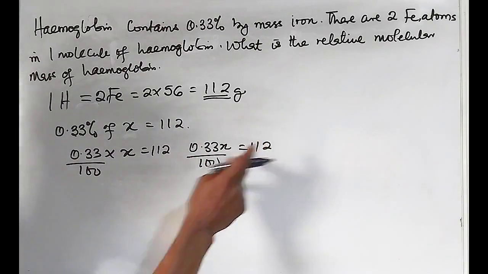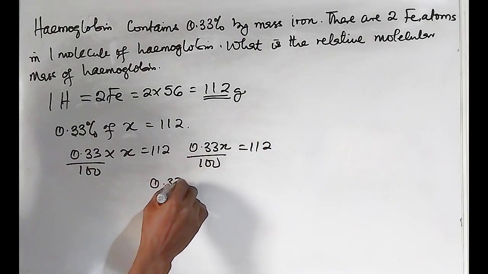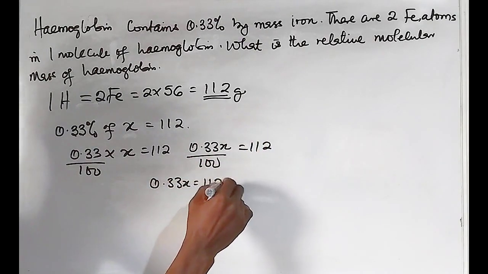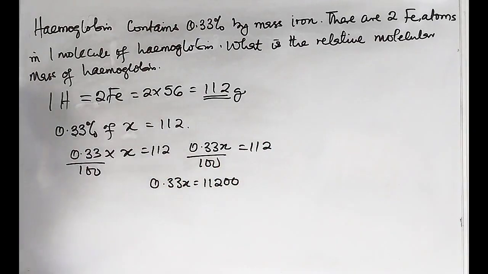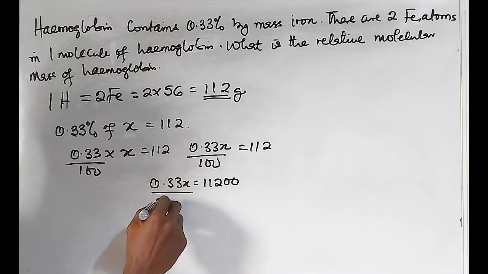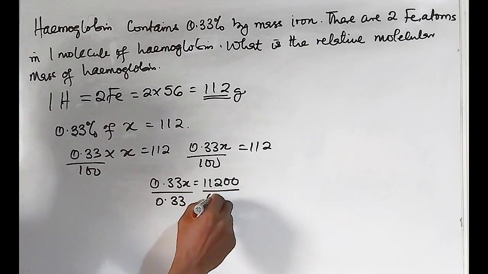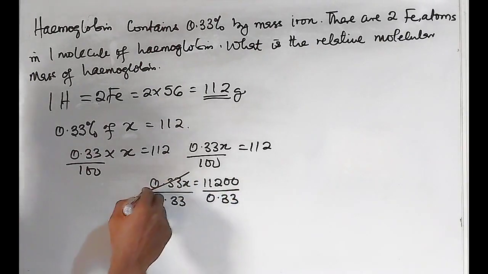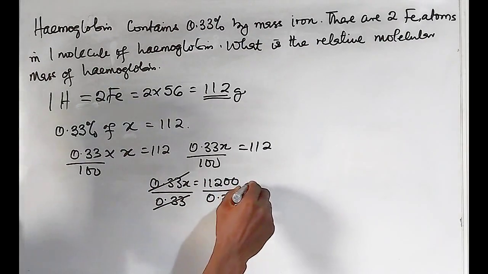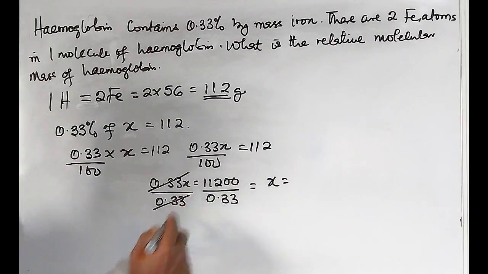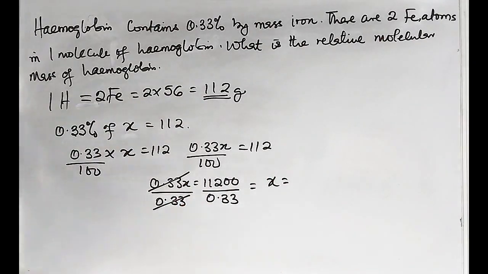Now we can cross multiply, we have 0.33x equals 11200, because 100 times 112 gives us 11,200. Now let's divide both sides by 0.33.